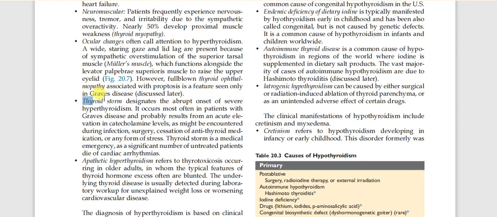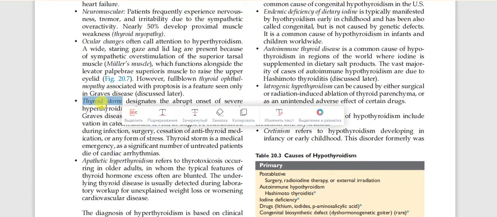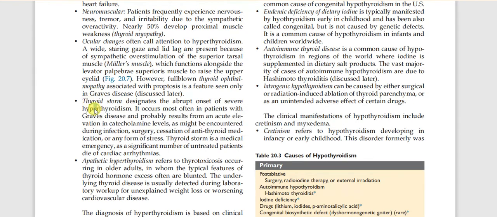Then thyroid storm. It happens with abrupt onset, usually due to manipulation of the thyroid gland during surgery. During the surgery, all this collected T3 and T4 in a tumor is released into the blood in one moment, and leads to crisis. It leads to increased effects of the thyroid gland in one moment.